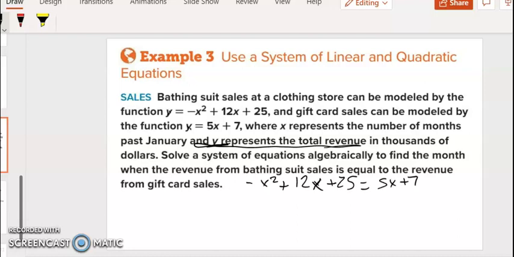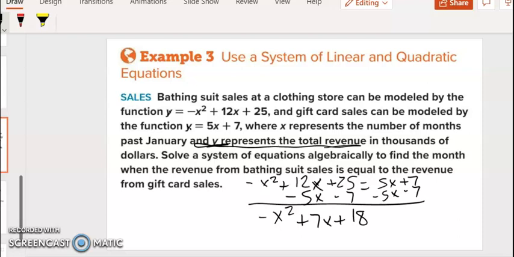Okay? So to do that, we just move everything over. So minus 5x and minus 7. We get negative x squared plus 7x. And then that's going to give us 18. So we would factor. And I'm just going to change the sign everywhere so that we can factor it easier.